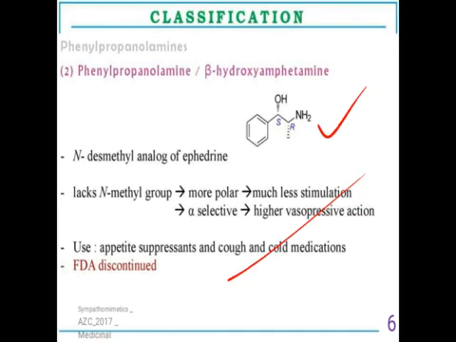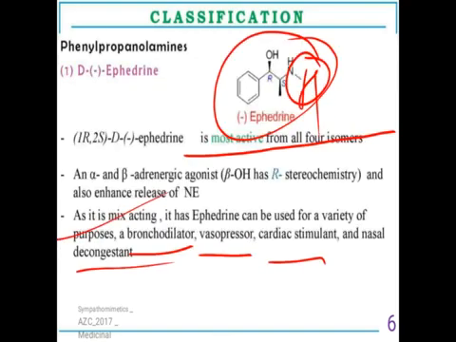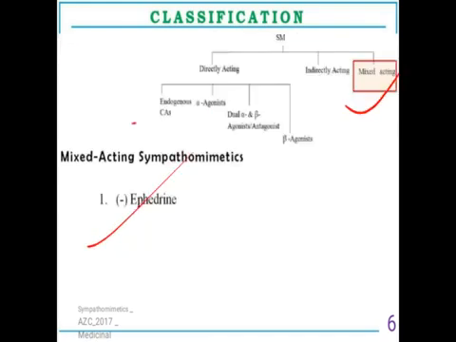Okay, so these are the points regarding the adrenergic agents, that is the agonists. It includes sympathomimetics, which have the phenylethylamine structure, and then imidazole as a structure. Then there are different classifications as we have seen: endogenous agents, alpha agonists, beta agonists, indirect agonists, and mixed acting agents.